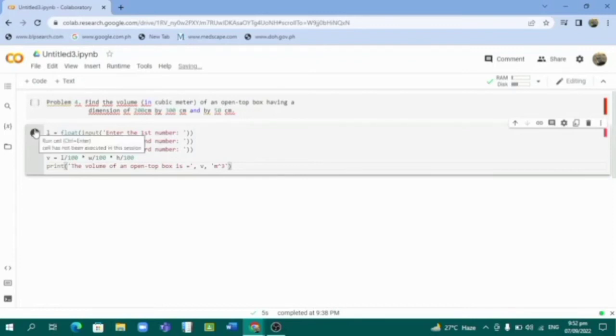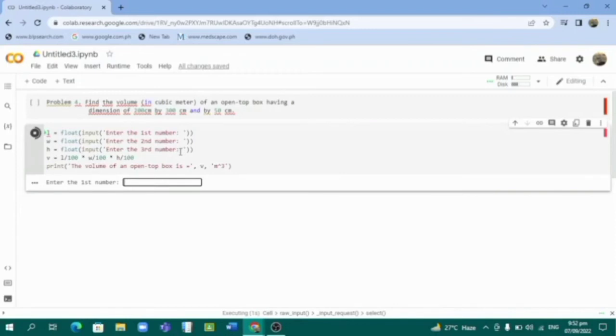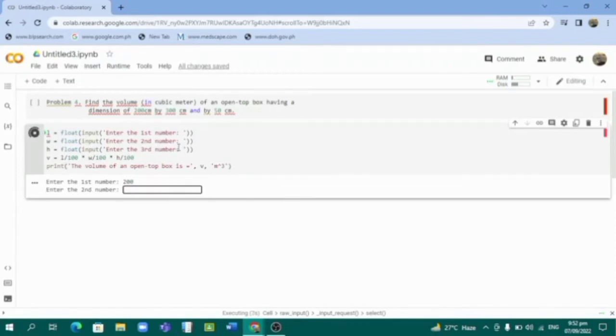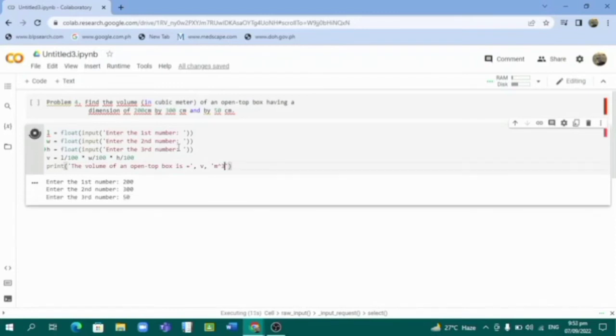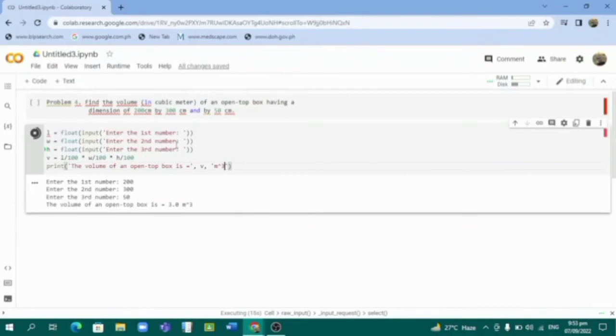And we're gonna try to run the code. Enter the first number. The first number is 200. The second is 300. And the third is 50. So this is the volume of an open top box.